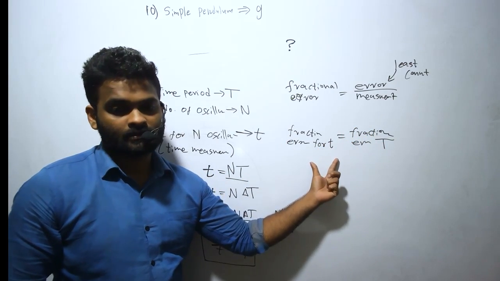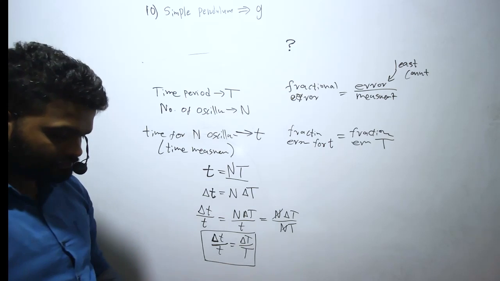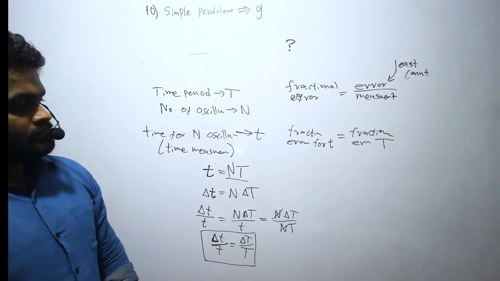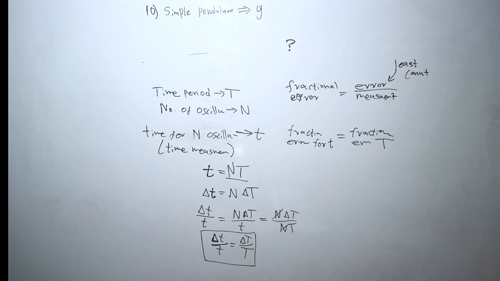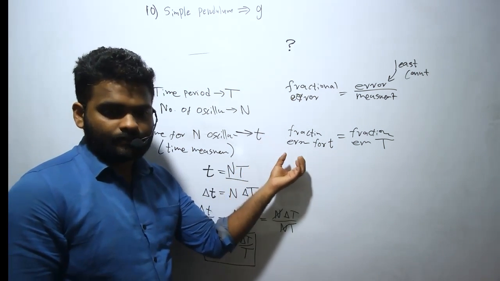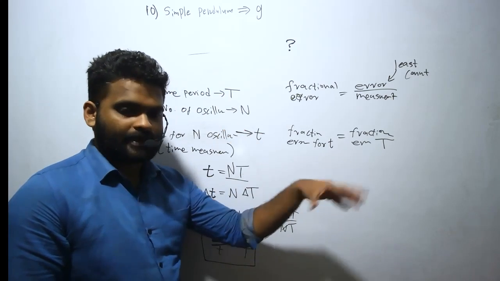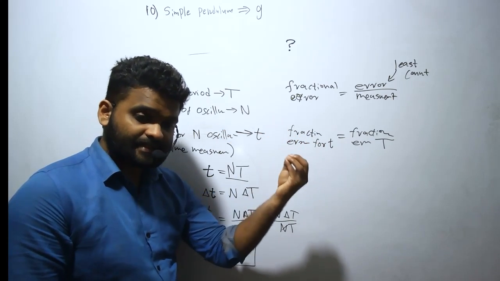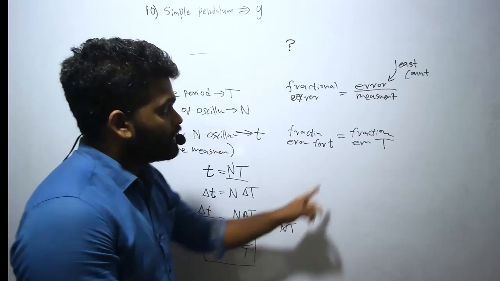Take this down. The reason for going for 25 oscillations is to decrease the fractional error, right?